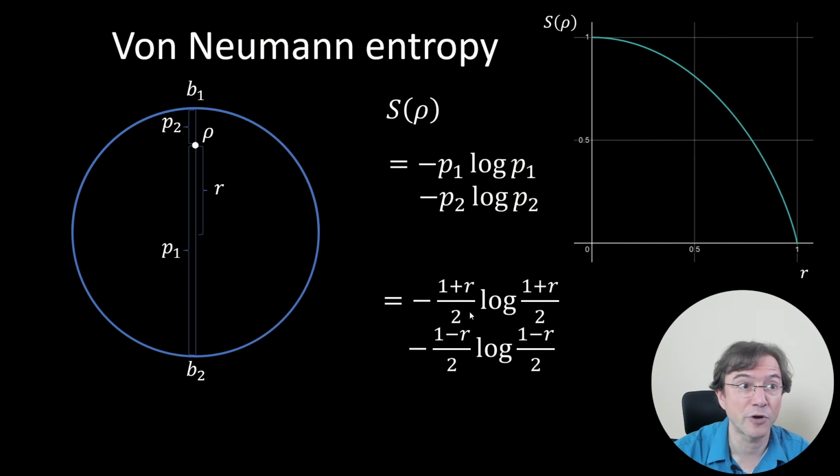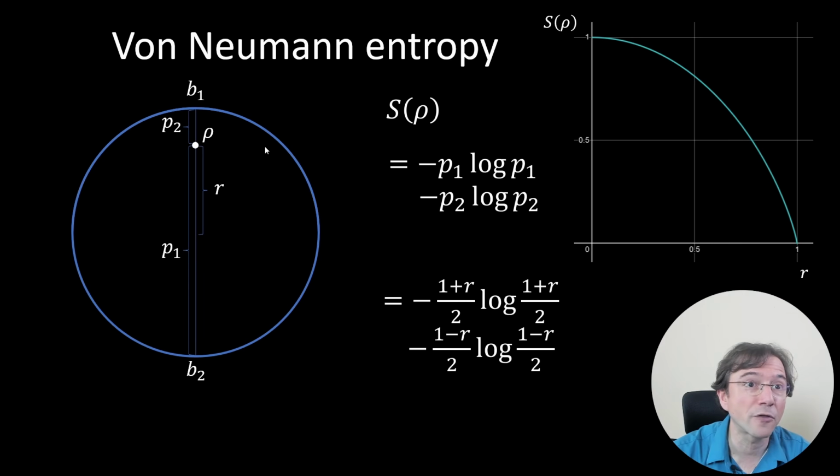So you have this expression. And now you have an invertible relationship between the distance from the center of the sphere and the entropy. If you are at the center of the sphere, your R is 0, you have 1, the maximum entropy that you can have in a two-state system.